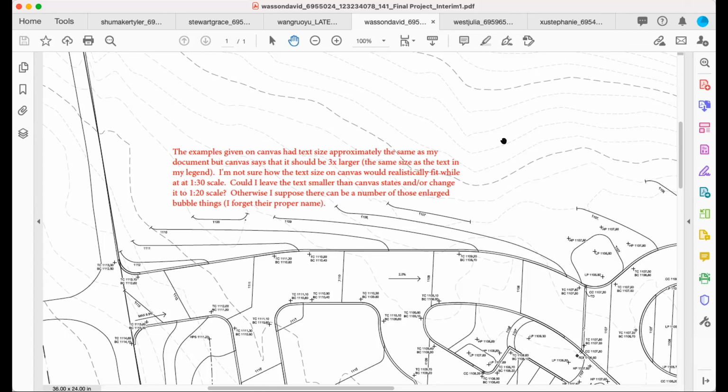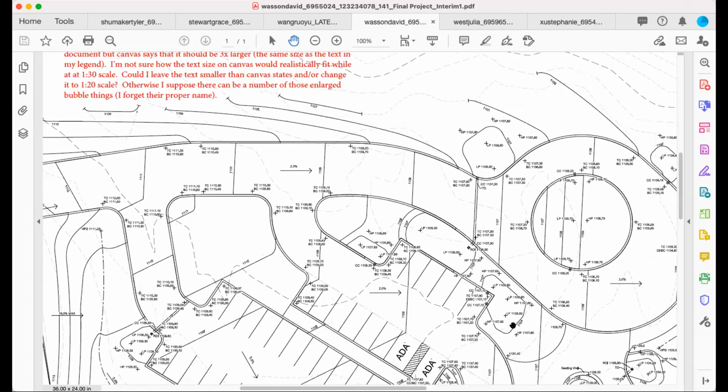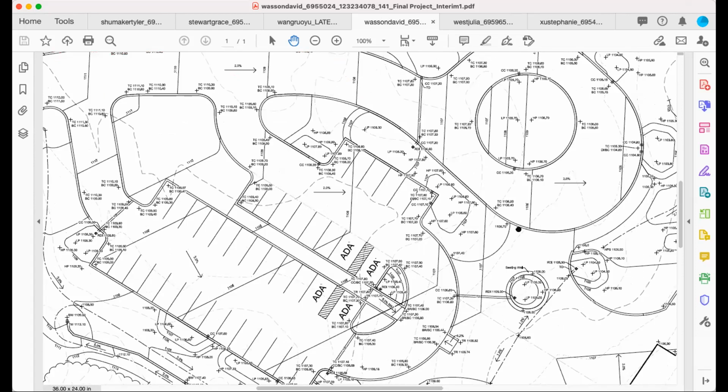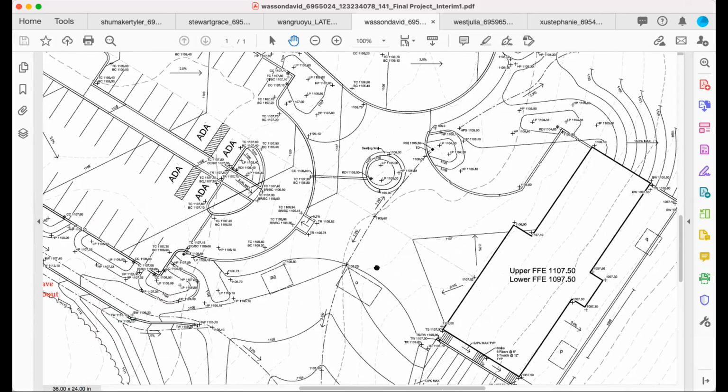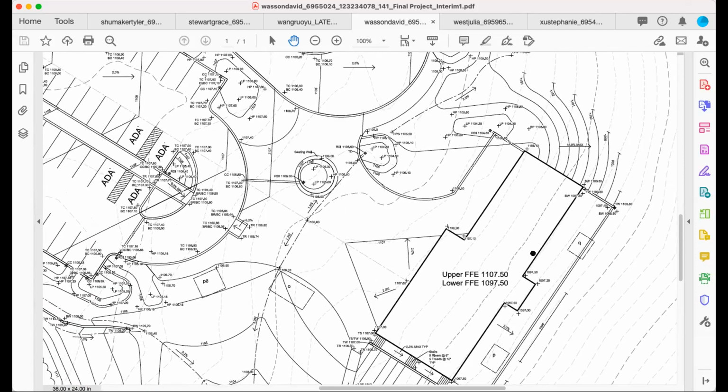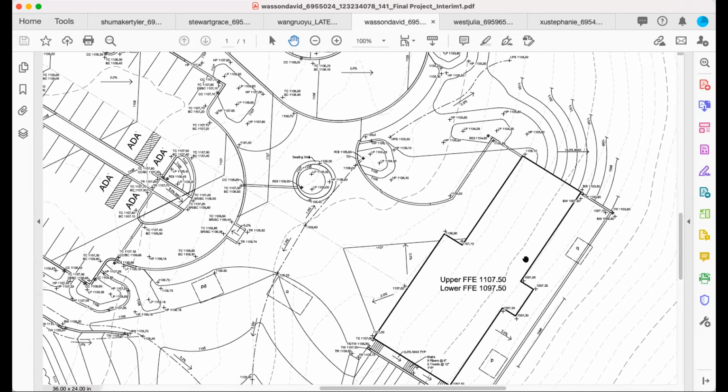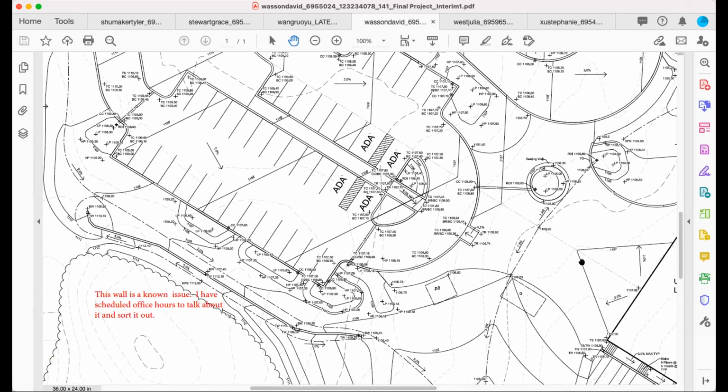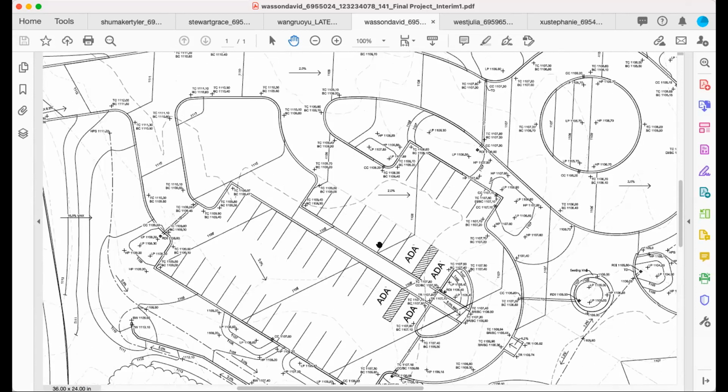Right now, looking at some of the documents here, yeah, they're small. It will be hard for us to read, and especially in terms of hierarchy, you would want a hierarchy. Right now the ADA and the FFEs are the largest ones, and we would want the contour number to be bigger as well.